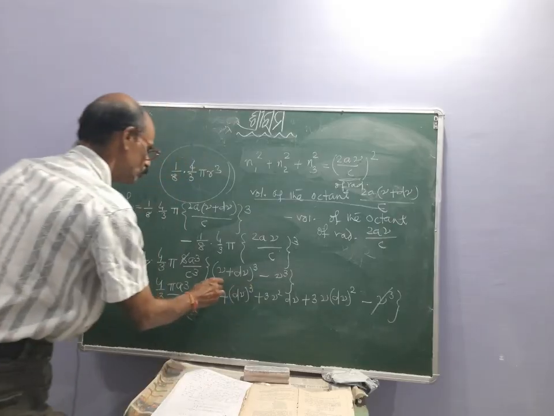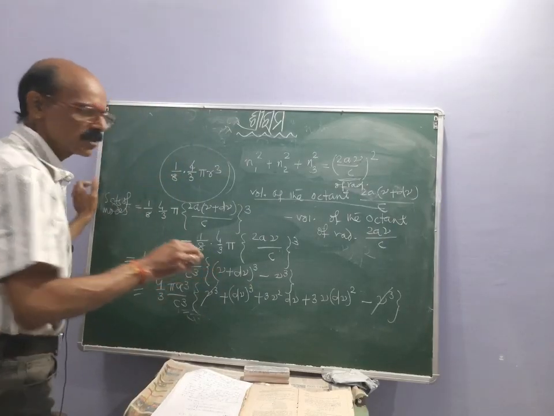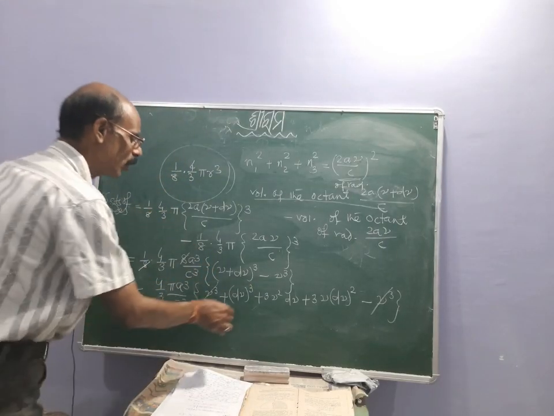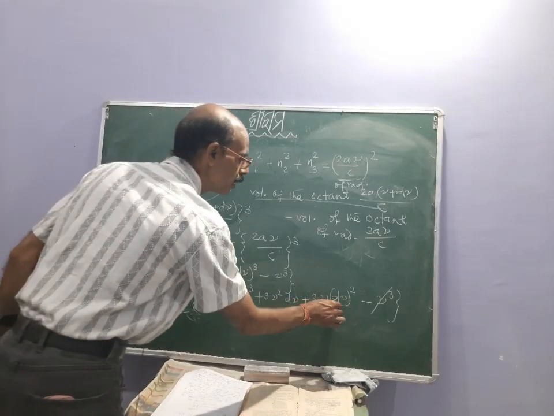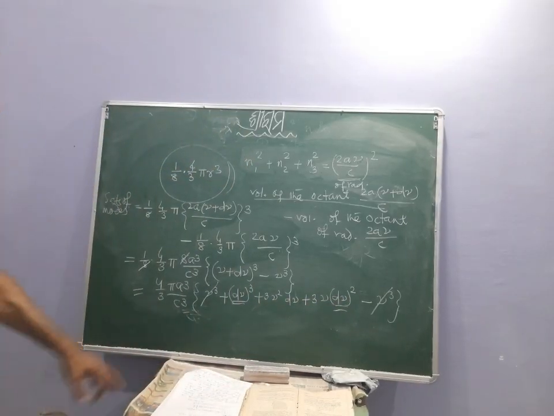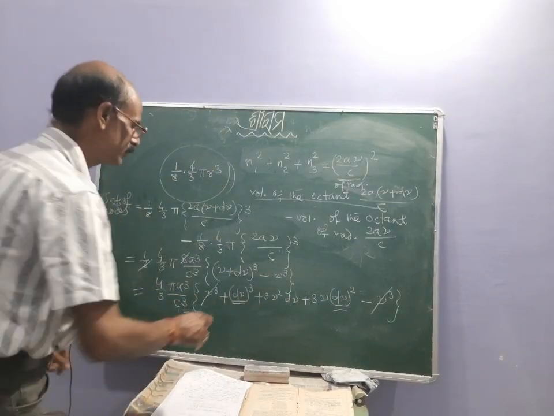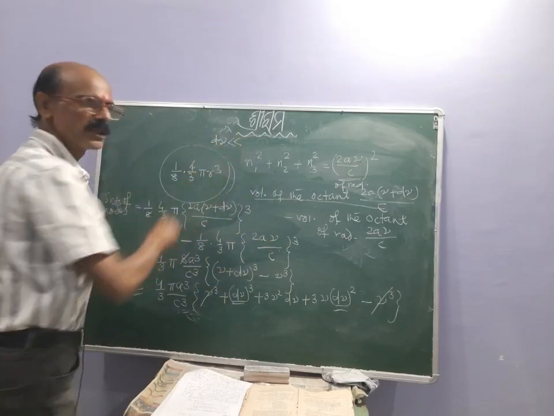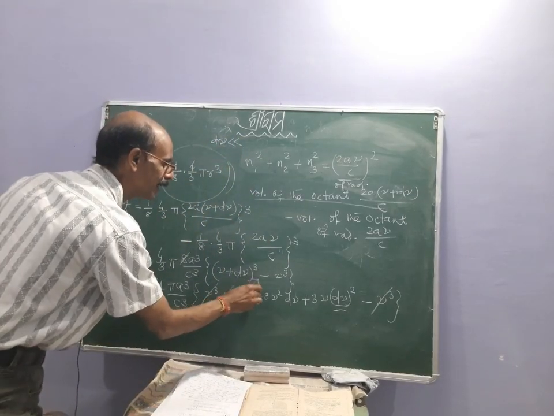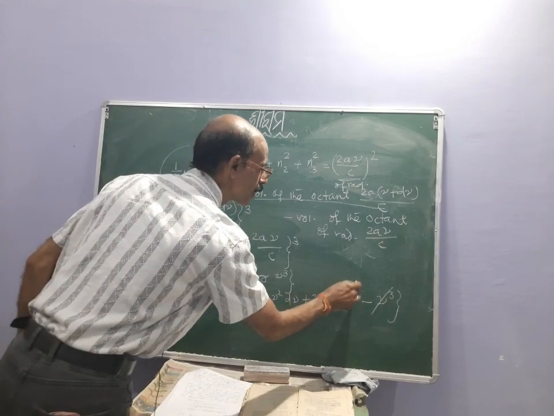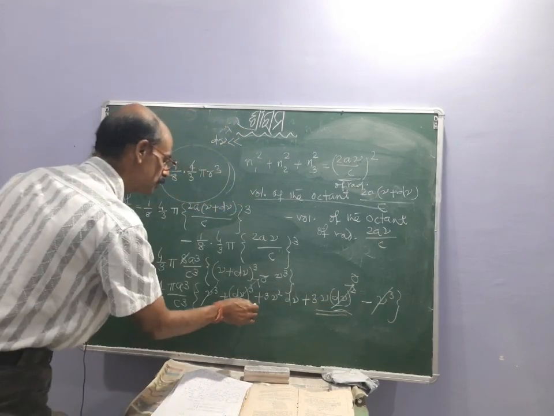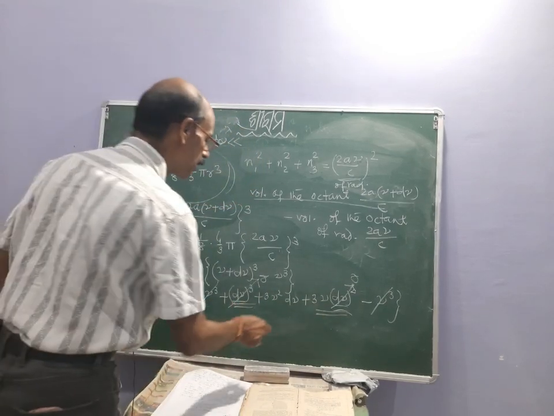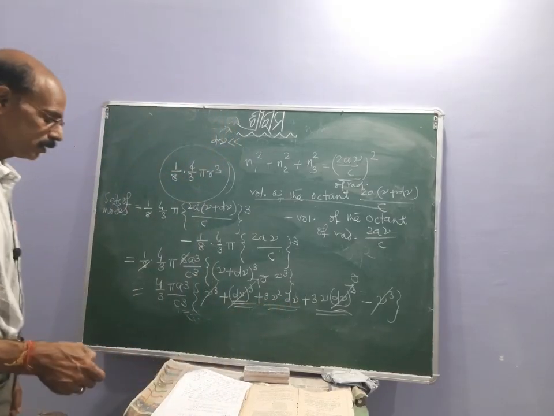So nu cube cancels out, and since d nu is very small, the higher powers of d nu can be neglected. Since d nu is a small quantity I can neglect it. So this term becomes 0, this becomes 0. What I will get is 3 nu square d nu.